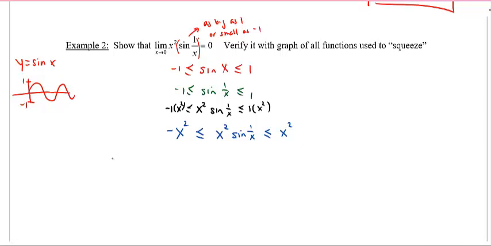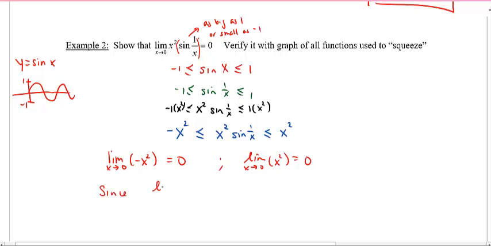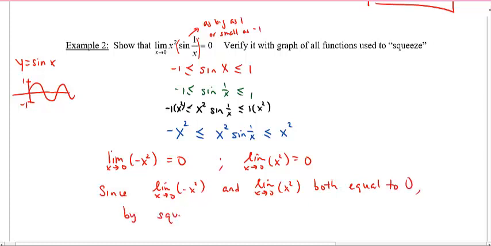And now, of course, if I take the limit of both the lower and upper functions, you guessed it, they are both equal to 0. And then, since the limit of the lower function and the limit of the higher function both equal 0, you got it, by the squeeze theorem.